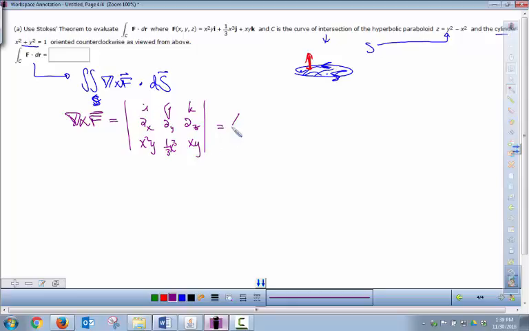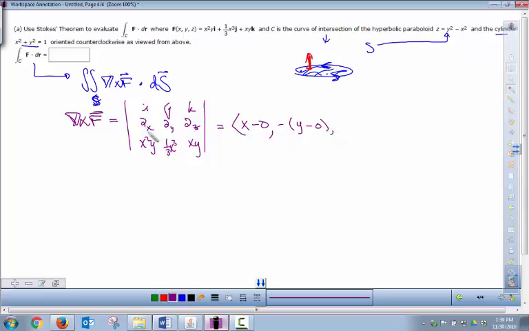Okay, so let's take the curl. In the i direction, it's the derivative of xy with respect to y minus the derivative of something with an x with respect to z. There's no z's in there, so that's going to be 0. I'll put a negative in front there. The derivative of xy with respect to x minus the derivative of this thing with respect to z. Again, there's no z's in there.